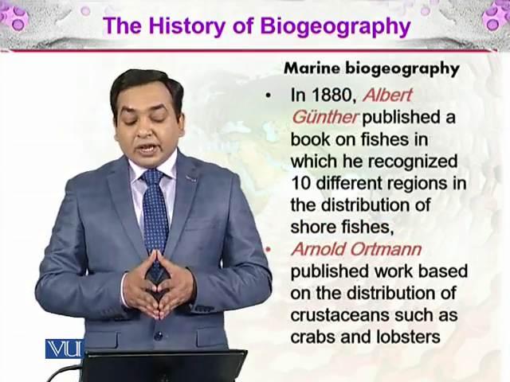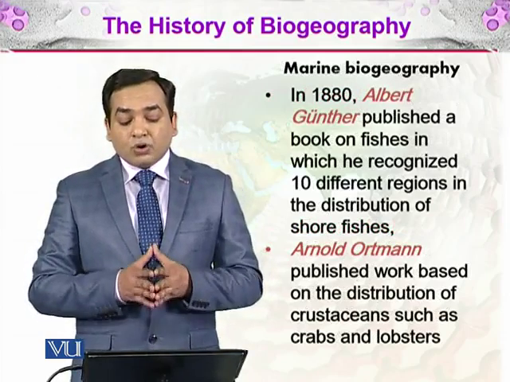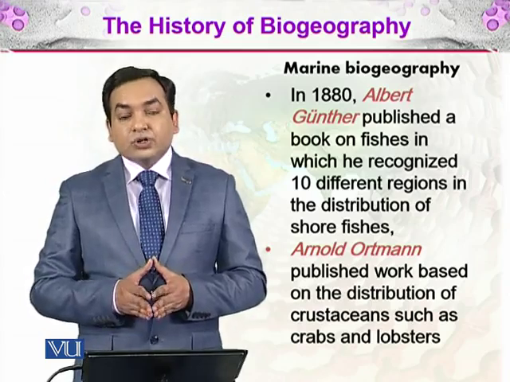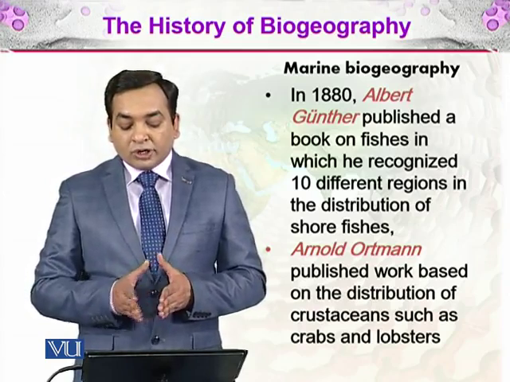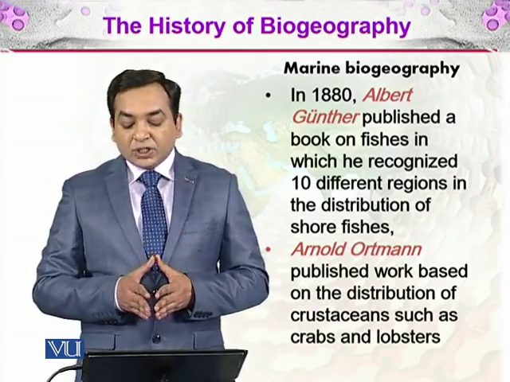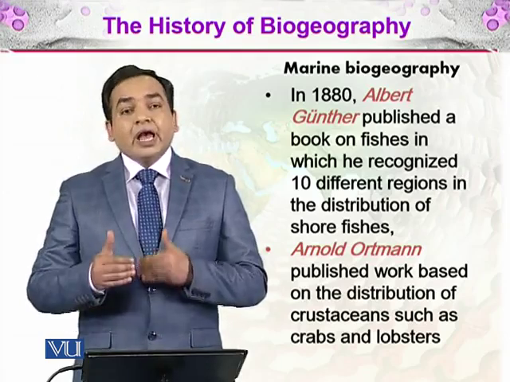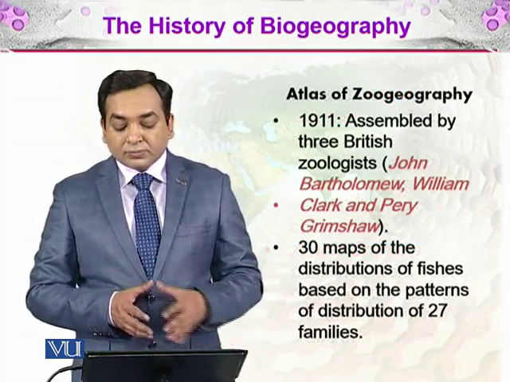In 1880, Albert Günther published a book on fishes in which he recognized 10 different regions in the distribution of shore fishes. Then Arnold Ortmann published work based on the distribution of crustaceans such as crabs and lobsters, similar to the work of Albert Günther.